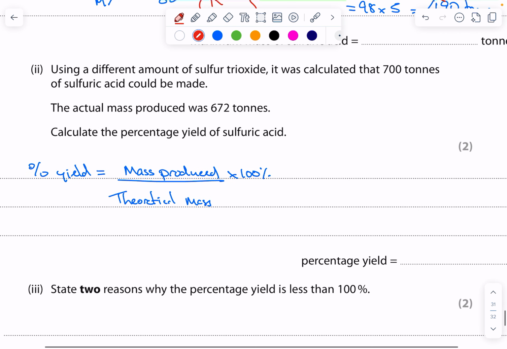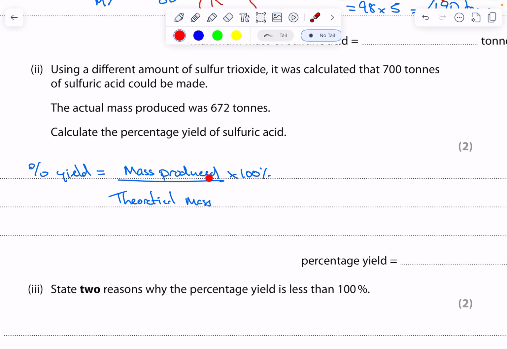Okay, next one is calculate a percentage yield. Remember, the equation for percentage yield is the mass of stuff that you got divided by what you could have got. We're told both of these numbers in the question. It says it was calculated that 700 tons could be made. So we could have made, in theory, 700 tons, but they actually made 672.